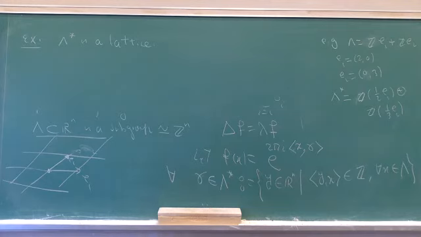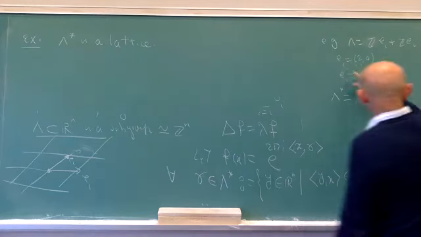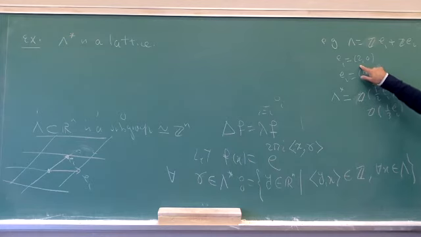Isn't the dual lattice spanned by the vectors (1/2, 0) and (0, 1/3)? What we have now is that the dual lattice is spanned by the unit vectors, which should be (1/2, 0) and (0, 1/3). Well, e1 is (2, 0), so half of e1 is (1, 0).